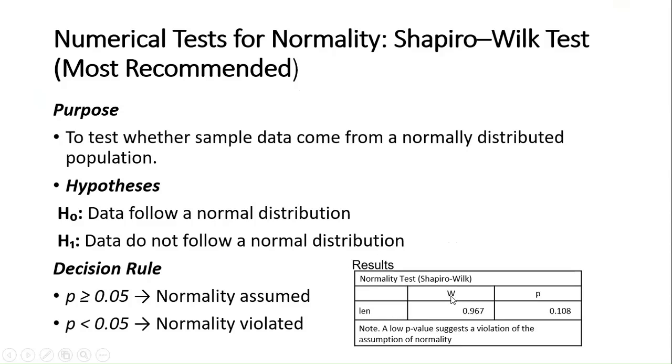So as the W statistic value is 0.967 and p equal to 0.108, which is greater than 0.05, we fail to reject H0. Therefore, the data can be considered approximately normal. This means parametric statistical method may be used.